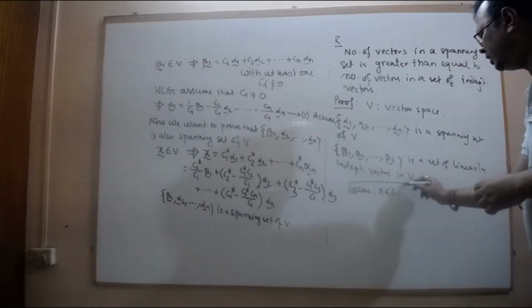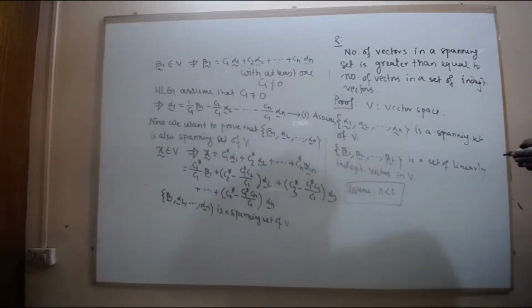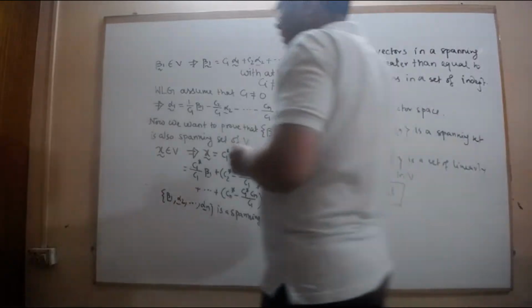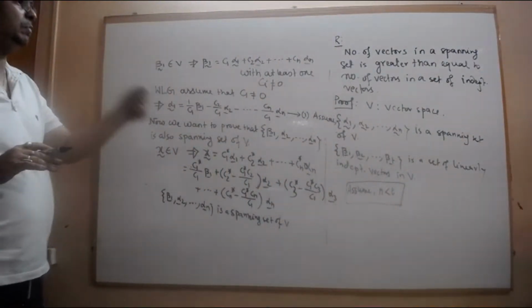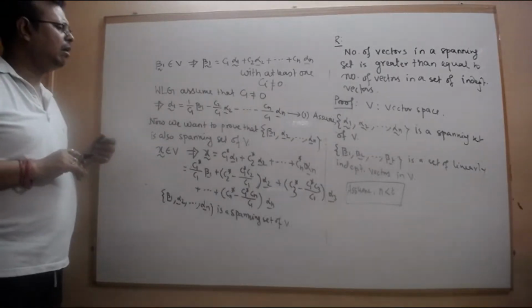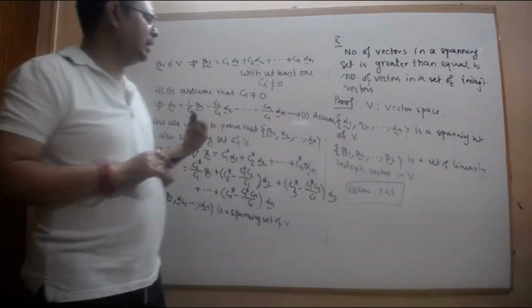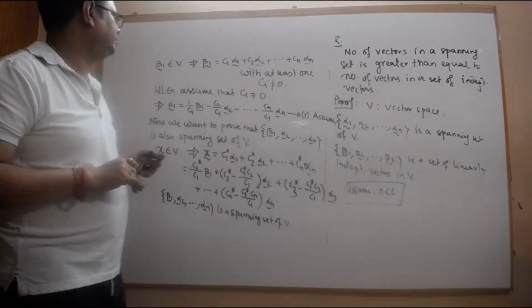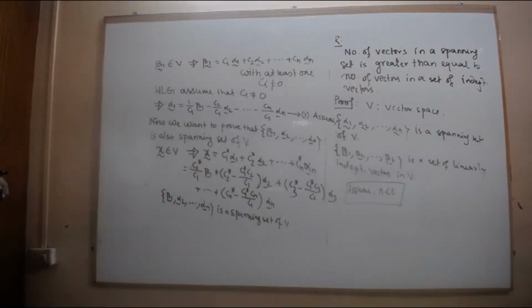So before starting this proof, we need to assume this. So we assume this statement is false. That means the number of vectors in a spanning set, that is small n, is less than the number of vectors in an independent set, that is t.